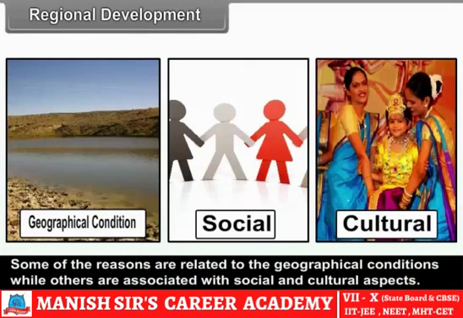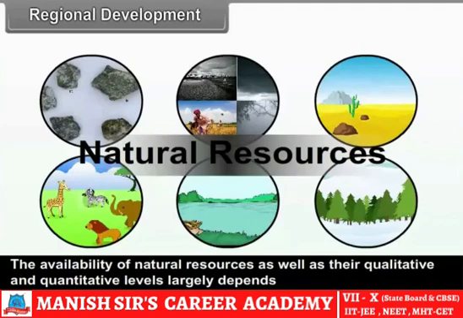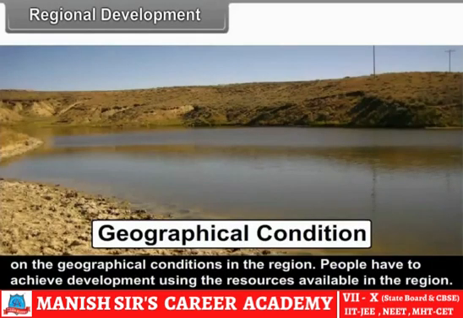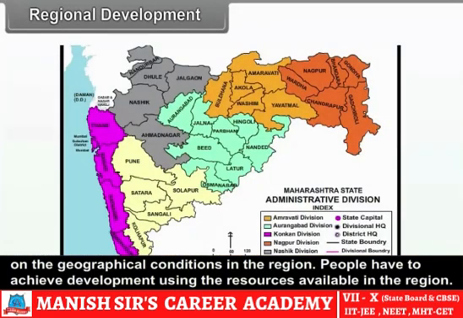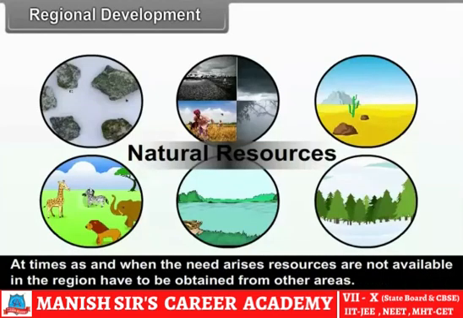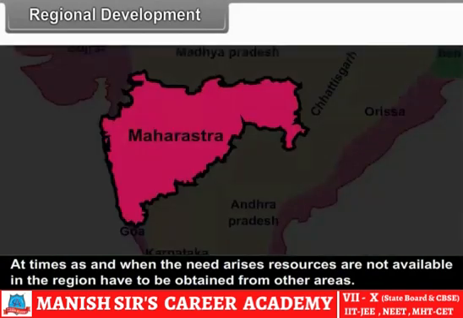Some of the reasons are related to the geographical conditions, while others are associated with social and cultural aspects. The availability of natural resources as well as their qualitative and quantitative levels largely depend on the geographical conditions in the region. People have to achieve development using the resources available in the region. At times, as and when the need arises, resources not available in the region have to be obtained from other areas.